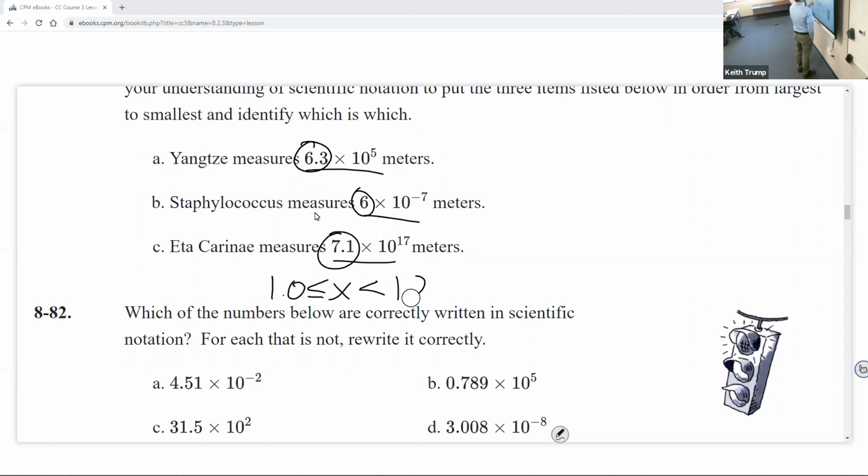So it can't be 10, but it can be 9.999. Got it? So that first number has to be between 1 and 10.